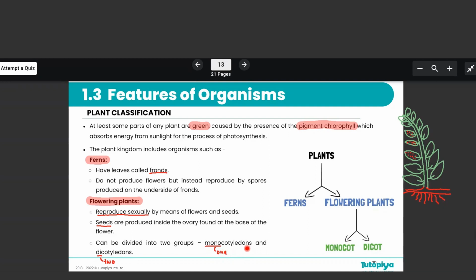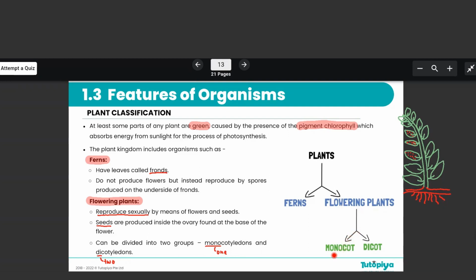A cotyledon is a seed leaf. So if you look at the structure of their seeds, they have only one cotyledon within it. And the dicotyledons are so called because if you look at the structure of their seeds, there are exactly two cotyledons within their seed.